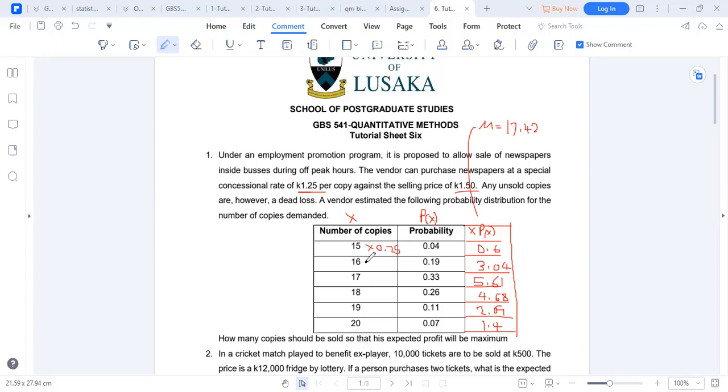I'm just trying to amplify it, because this question can also be asked for you to calculate the actual profit that is made.